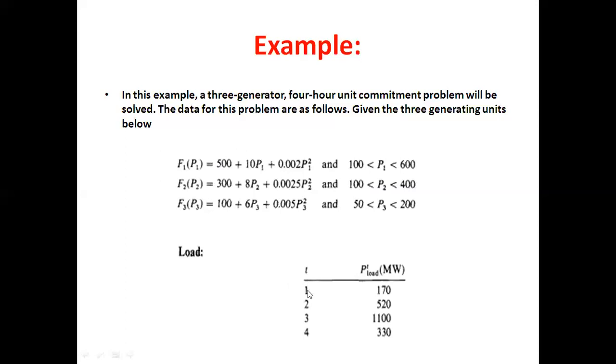Along with the load, given at hours 1, 2, 3, 4, the corresponding load P_load_t in megawatts is: for the first hour 170 megawatt, for the second hour 520 megawatt, for the third hour 1100 megawatt, and for the fourth hour 330 megawatt. So these are the cost functions given for the 3 generating units, along with the load pattern.